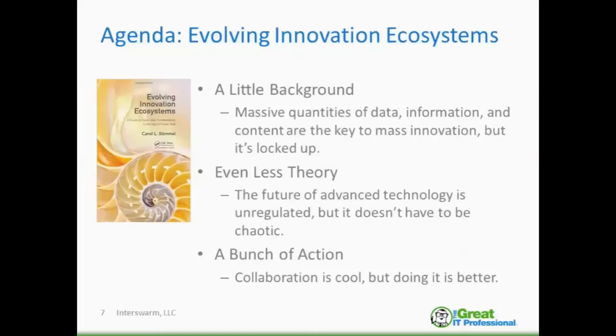So there is some theory to help us understand working with open information, data, and content, but frankly, there's not a lot. There's always been this fascination with Linux and how it came to be, and open communities, and that does play a role in helping us understand how to deal in this unregulated world. But we don't need it to be as chaotic as often is presumed to be.